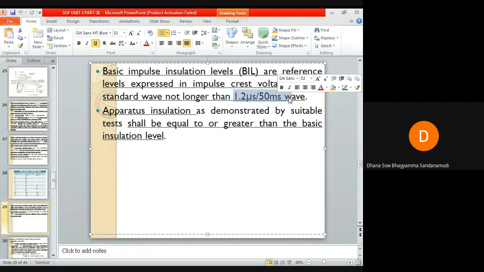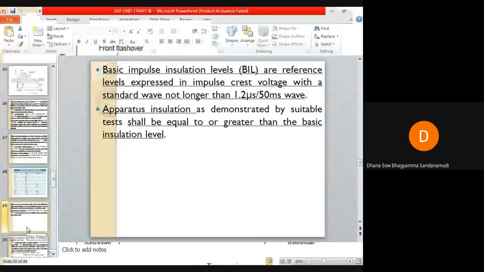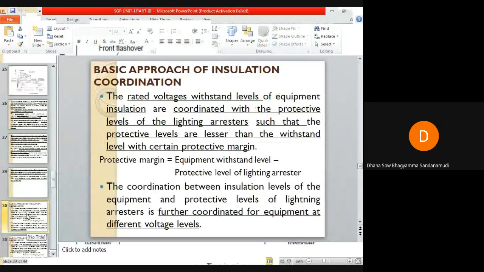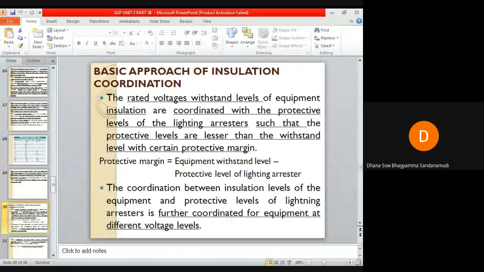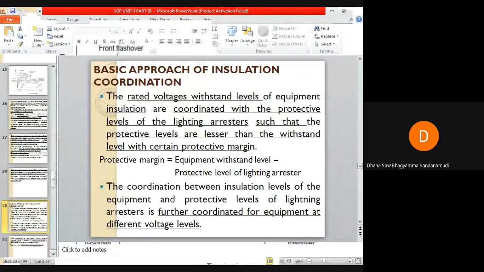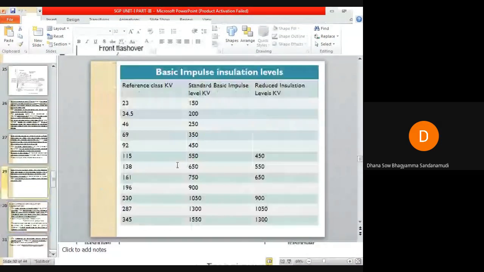Of course, the apparatus insulation is tested based on the basic impulse insulation levels. So their insulation is decided, and a suitable test is performed before bringing it to operation. That means after manufacturing, immediately, based on these impulse levels provided in this table.